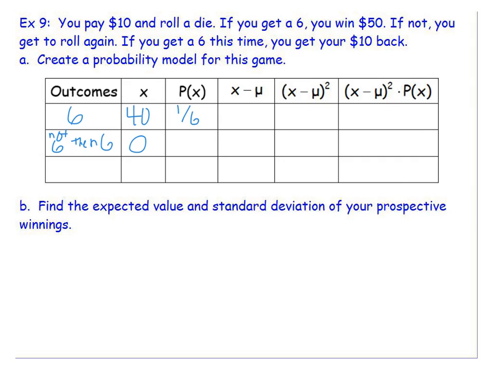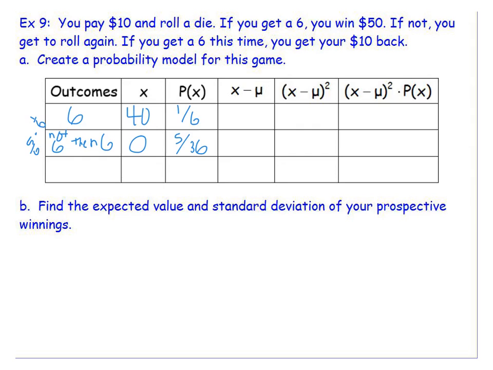The probability of not getting a 6 is 5 out of 6. So we got 5 out of 6 times a 6, which is 1 out of 6. So 5 out of 6 times 1 out of 6, multiply the tops, you get 5. Multiply the bottoms, you get 36.